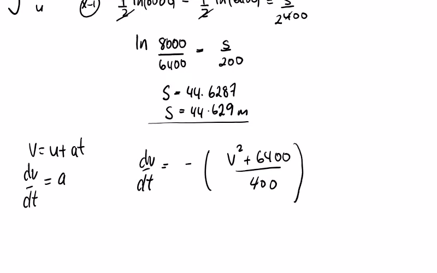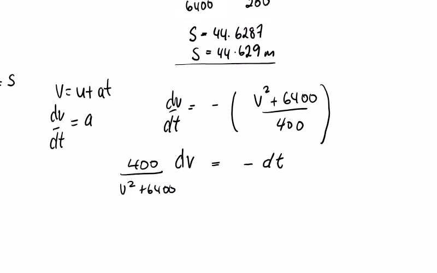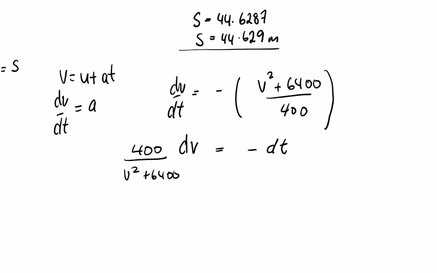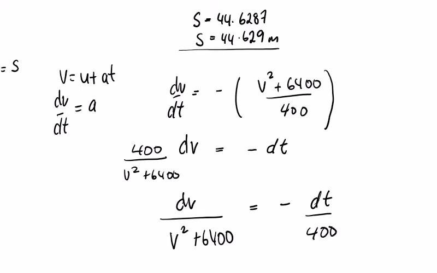So again, we're dividing dv by this whole thing, so we'll be multiplying it by the fraction turned upside down. That's going to be equal to minus dt. So I'm going to have dv over v squared plus 6,400 is equal to minus dt over 400.